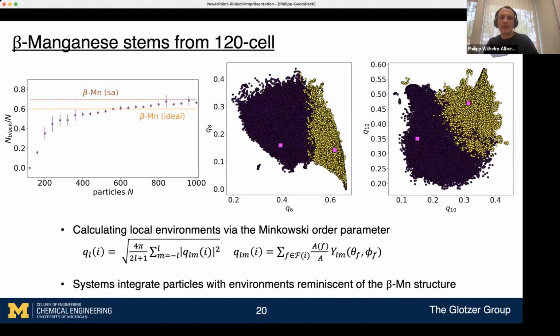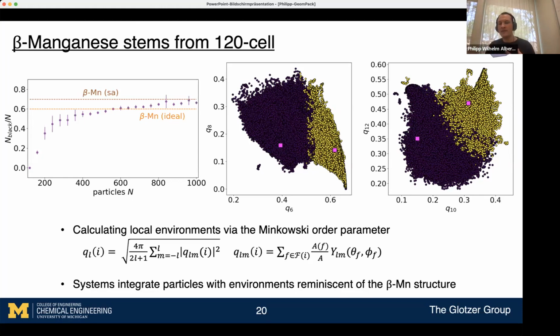We can even go a little bit further and try to see how these environments evolve compared to the two Wyckoff sites. What I did here is try to assign each individual environment to either Wyckoff site, I think 8C or 12D, and then see which one in this Steinhardt order parameter space is closer.